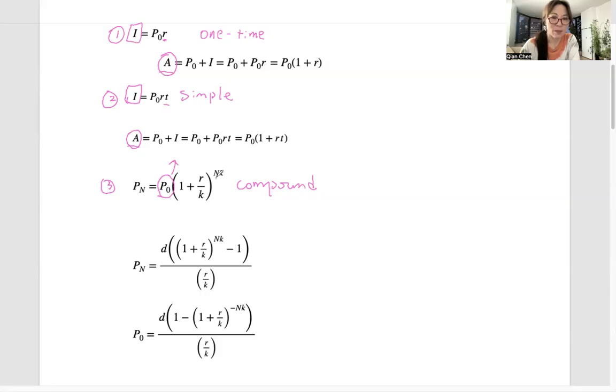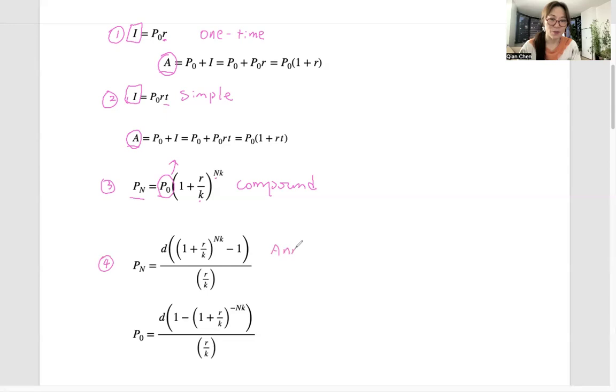N represents how many years your money is in the account. Pn represents how much money after n years. K is how many times the interest is calculated and added to your principal.